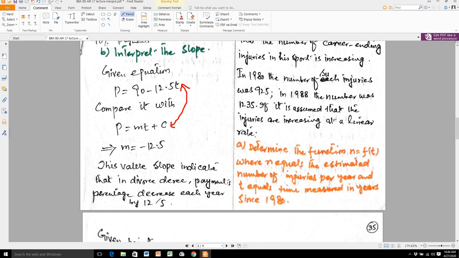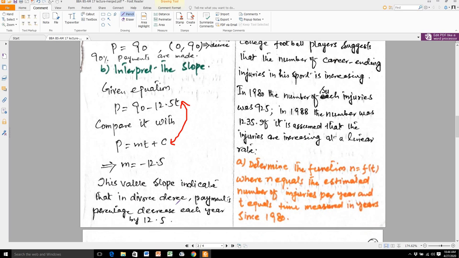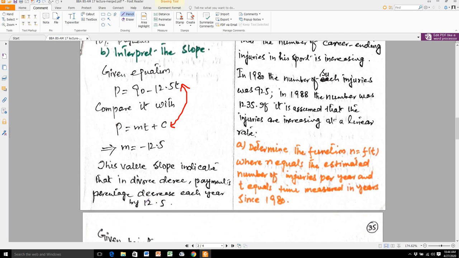Each year the payments percentage decreases by 12.5. You do not need to use the negative sign here, because the negative sign is explained by the word decrease. So it is not required to write the negative sign.